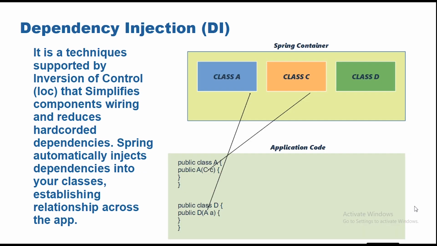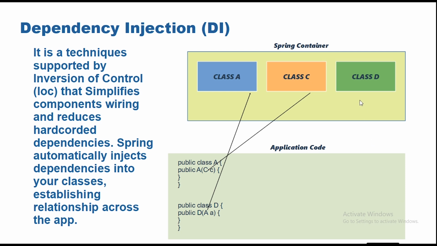Let's look at dependency injection. It is a technique supported by inversion of control, IoC, that simplifies component wiring and reduces hard-coded dependencies. Spring automatically injects dependencies into your classes, establishing relationships across the app.